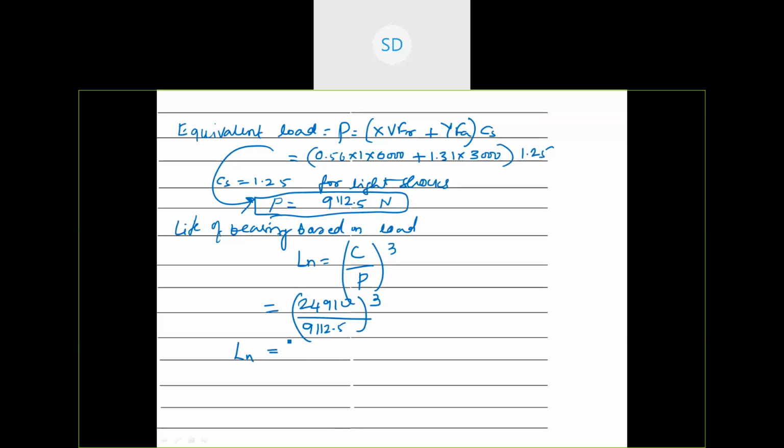Okay, 20.42. So 20.42 millions of revolutions. Now what is L required here? L required is 131.2 millions of revolutions.